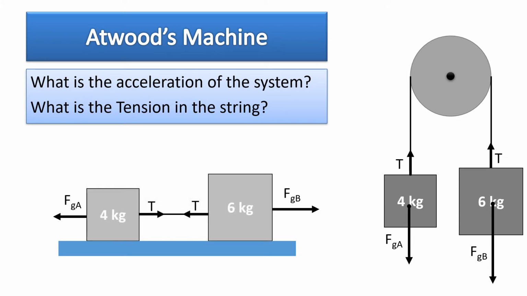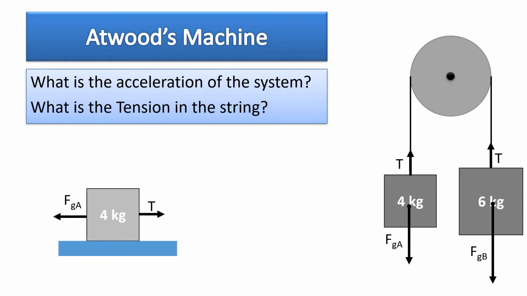Once we know what the acceleration is, then we can come back and say, okay, they're actually two separate objects connected with a string. Let's look at just one of the objects. We know what this force is. We're looking for the tension, but we know which way the acceleration is going to be pointing. In which direction do you think it's going to be pointing? Well, block B is winning, so it's going to accelerate opposite where this is.